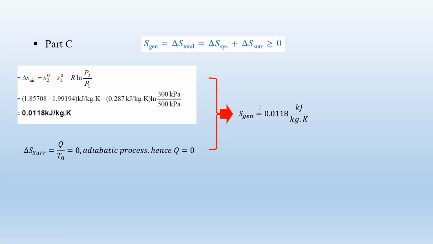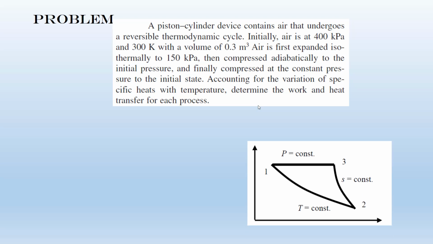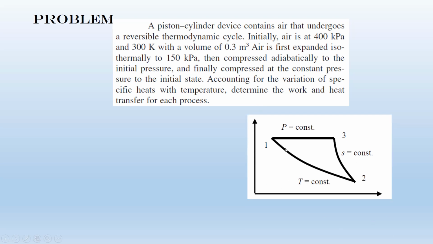Okay, and then the last question, we have a piston cylinder device, and this piston cylinder device goes through three reversible thermodynamic processes. Here we have the information from this PV diagram.